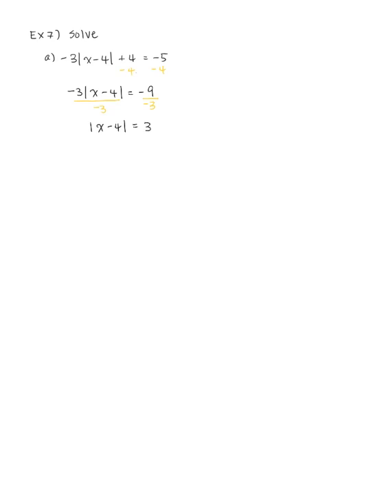All right, so now if you drop that absolute value, we're going to have a positive side of 3 and a negative side of 3. So here you're going to have x minus 4 equals 3, and then x minus 4 equals negative 3. Solving this separately, plus 4, then here you're going to have x equals 7.